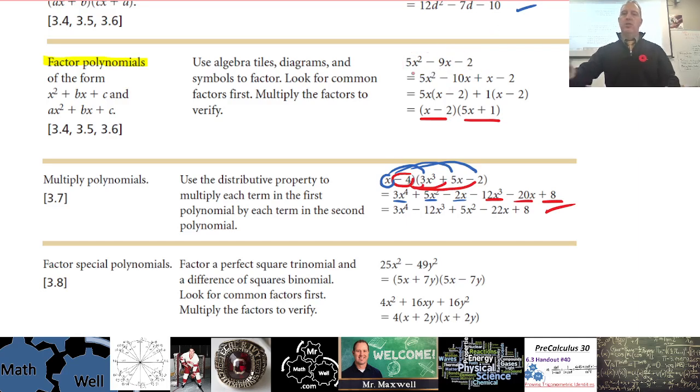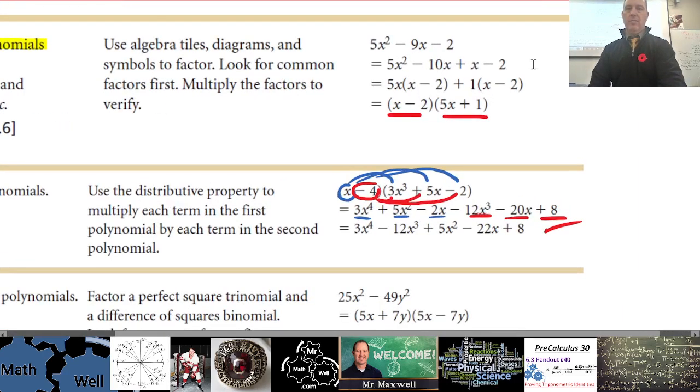Now the decomposition method, which is what this is, 5 times -2 is -10. Factors of -10 that add to -9 would be -10 and +1. And so that's how the middle term is decomposed. Remember, that's the decomposition method.